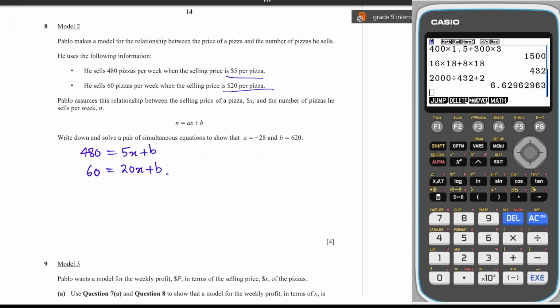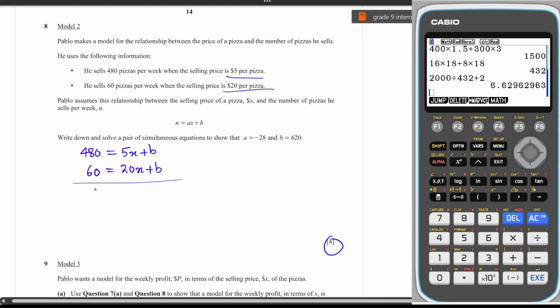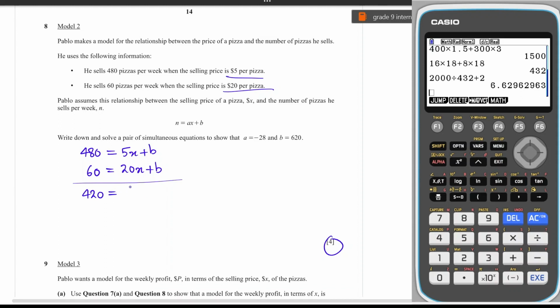In solving this equation, if I just subtract these two, now because it is for 4 marks, you have to show the working. So you cannot just input the values in the GDC and write down your answer, though you can definitely verify. So let me just subtract the two equations. When I subtract the two equations, I get 420 is equal to 15x.